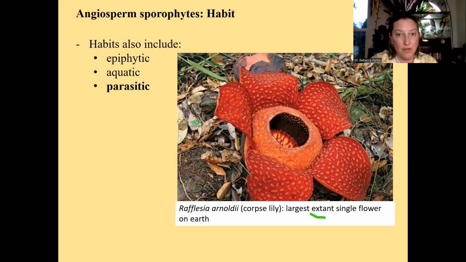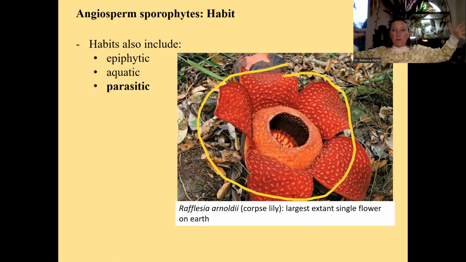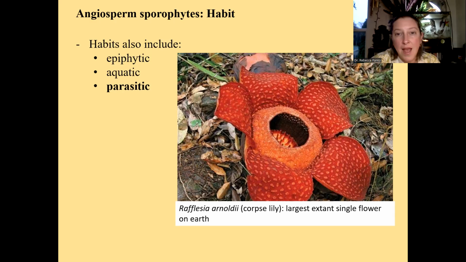Still on Earth, not extinct, extant. It's the largest single flower on Earth. This whole thing is one flower. It can be about 3 to 4 feet wide, give or take. A common name is the corpse lily because it actually smells kind of like rotting flesh.